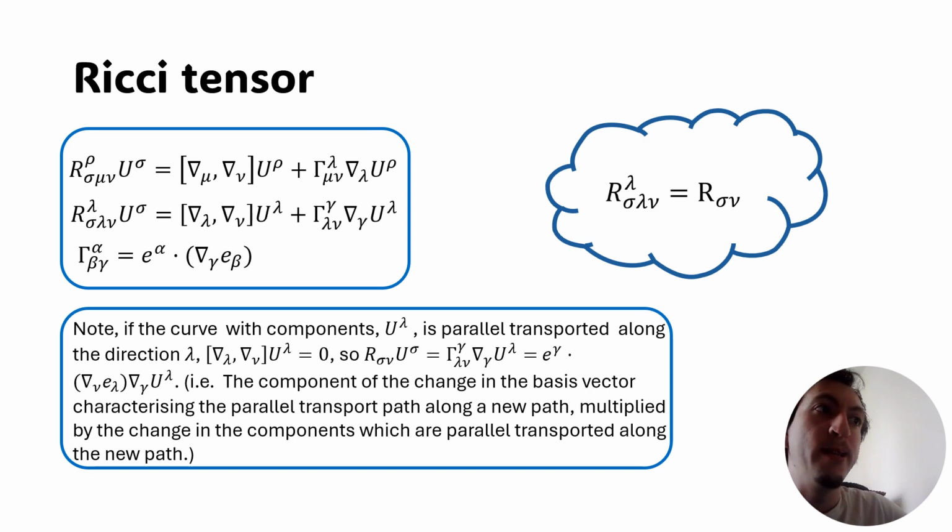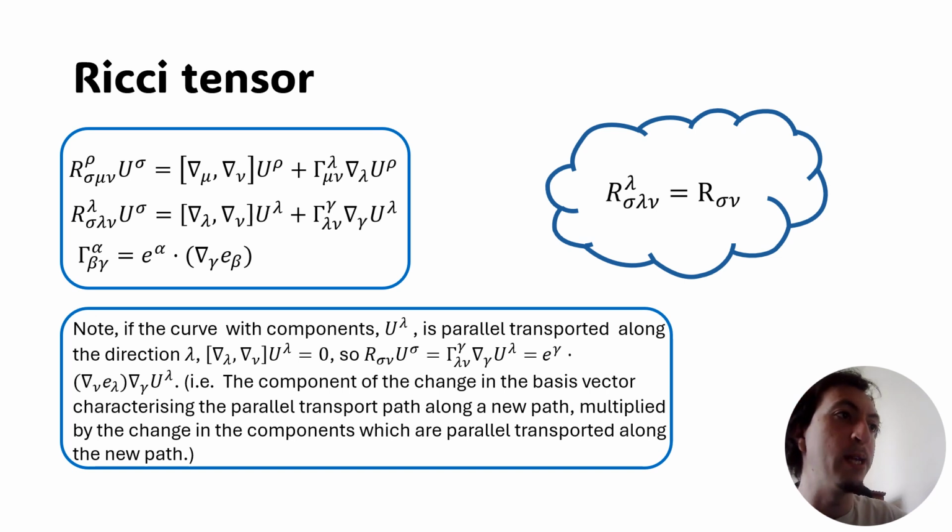Really, the Ricci tensor is, generally speaking, just as good as the Riemann curvature tensor. The Riemann curvature tensor has a richer description of curvature, but we don't need that degree of richness. We don't need to break down curvature in so many ways.